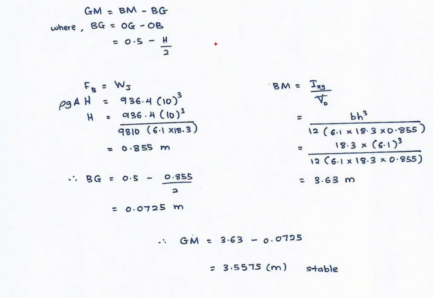And then we need to calculate whether the barge is stable or not. The way to determine whether it is stable is by calculating GM. If GM is greater than 0, it is stable.